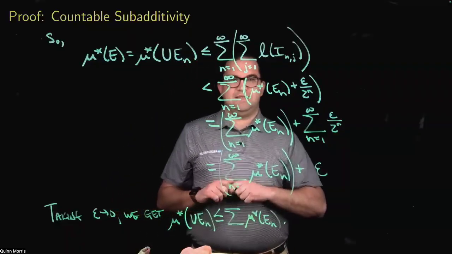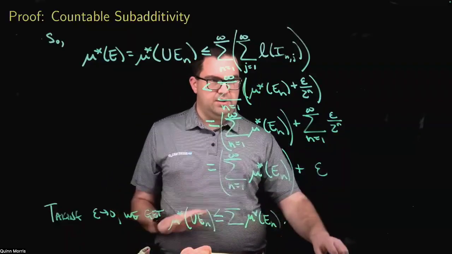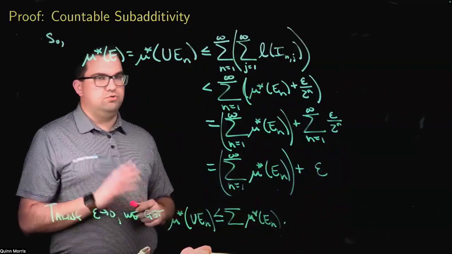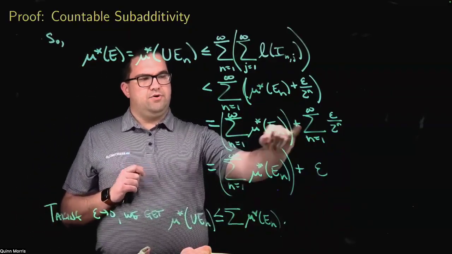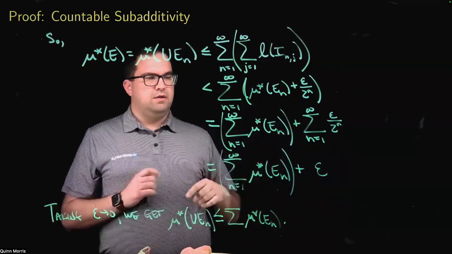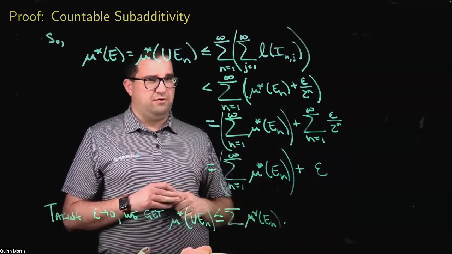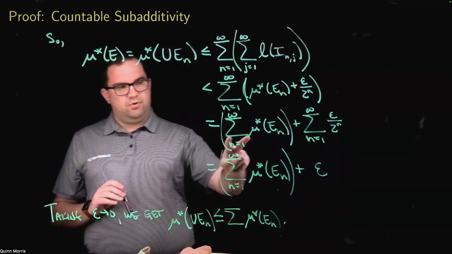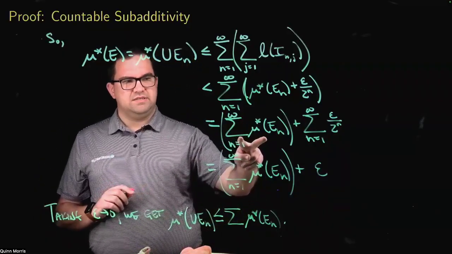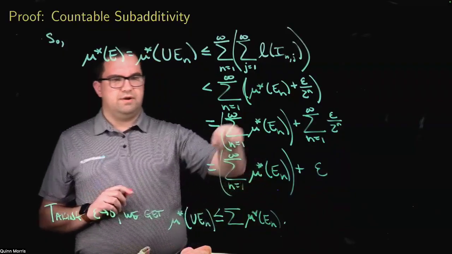Now, there's one detail that I glossed over here that I'll go back and emphasize. You should worry a little bit. Really, in breaking up this sum, I have to worry a little bit about convergence, because it's possible that this sum doesn't converge.